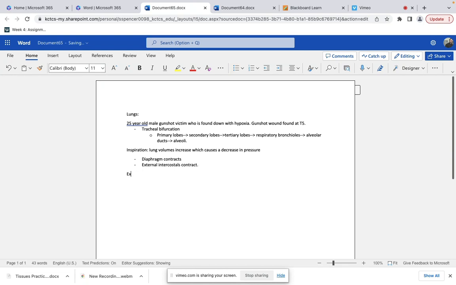We said that during expiration, lung volumes decrease, which increases the pressure. We said the diaphragm relaxes, external intercostals relax. Remember, this is a passive process.